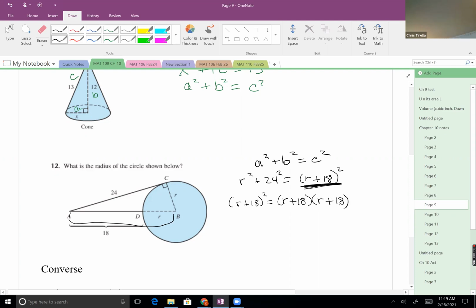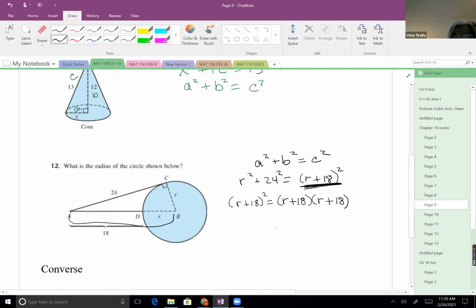And having successfully completed an algebra class is a prerequisite for this class, and this is one of the reasons why. Does everybody remember when I multiply two terms by two terms, you can either use a box, or you can distribute twice, or you can FOIL. I'm a FOILer.